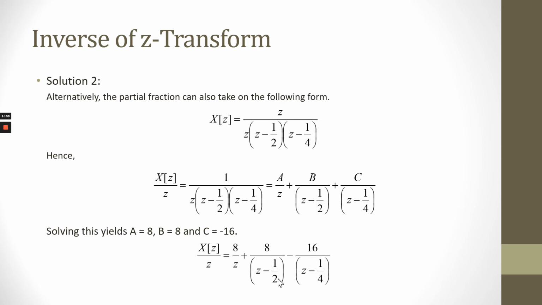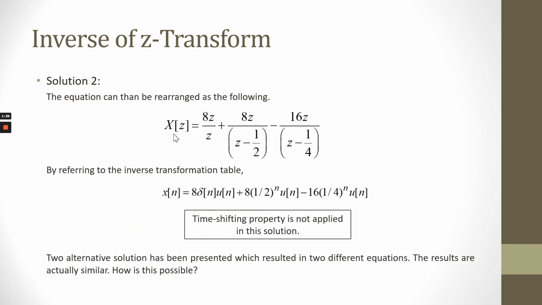We have this one. The next one, we take the z on the left side at the denominator to the right side, meaning that we multiply with all the A, B and C constants.